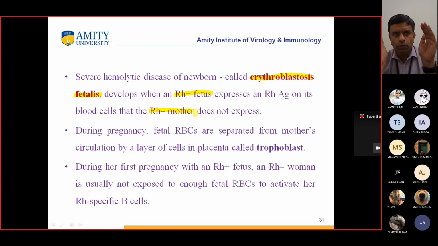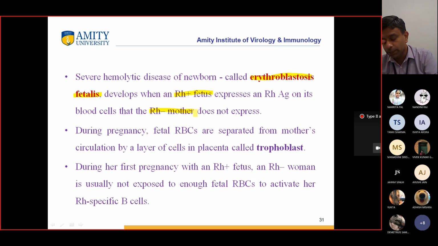Nature has created that system so there is no exchange of blood between the child and the mother, because it is separated by the trophoblast. So in the first pregnancy, there is no problem.